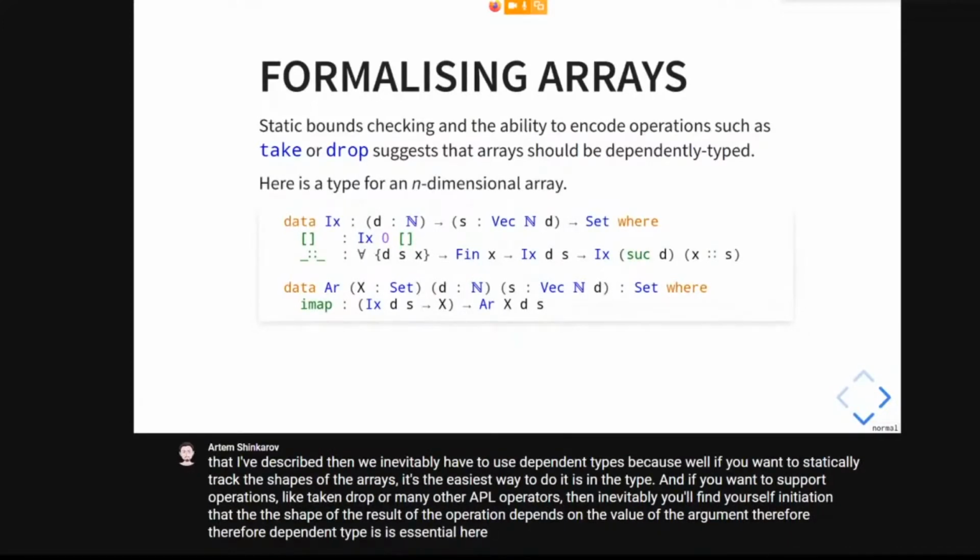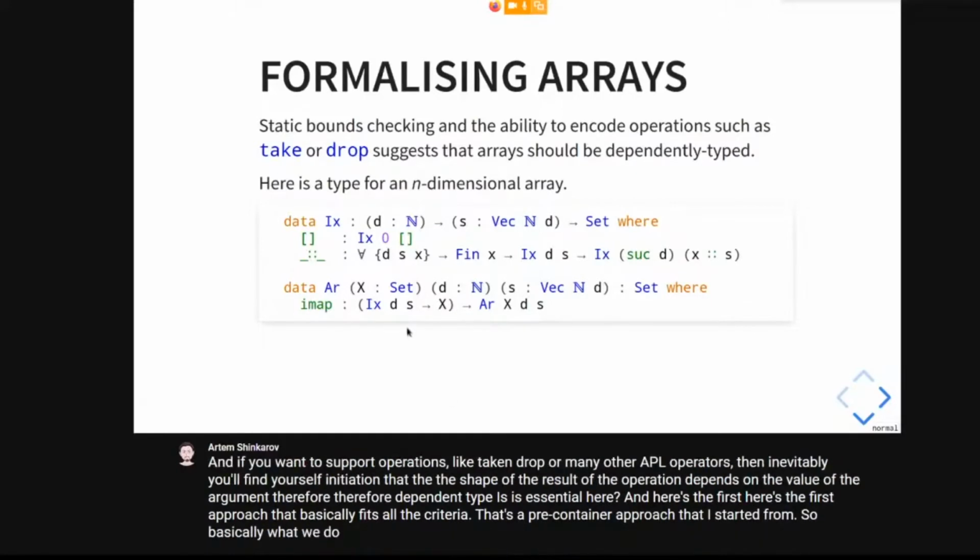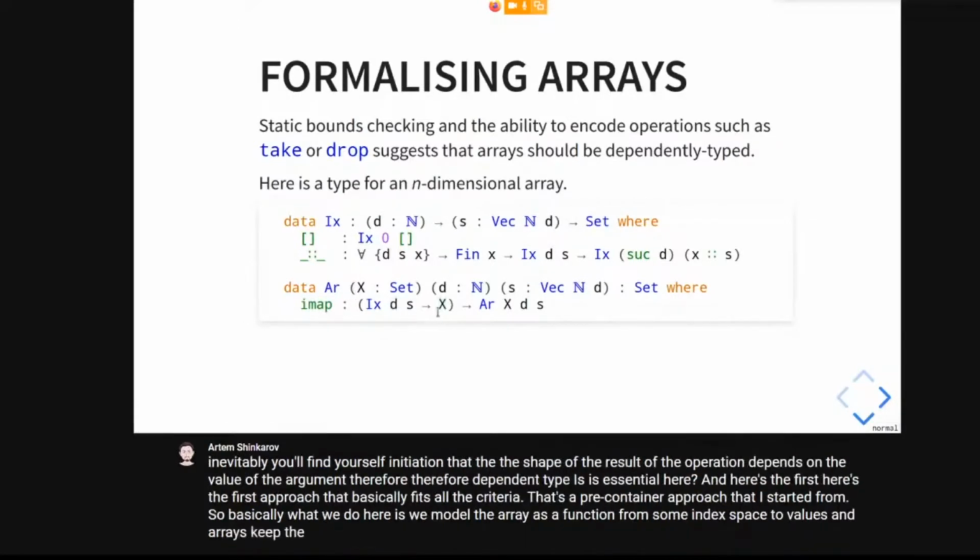And here's the first approach that fits all the criteria. That's a pre-container approach that I started from. What we do here is model the array as a function from some index space to values, and arrays keep elements of type X. And here's a function that gives a value to the array.